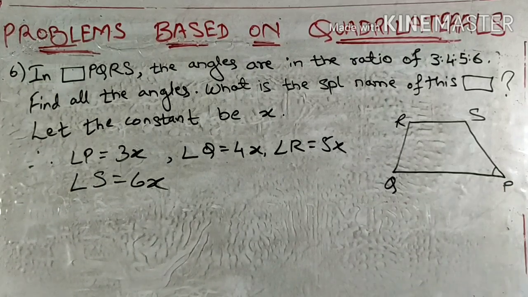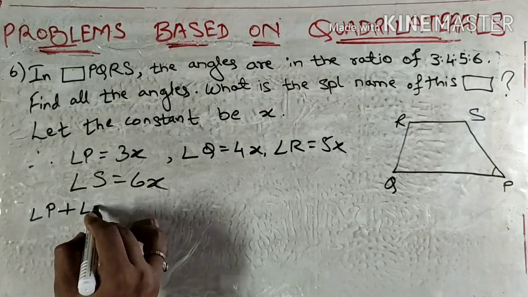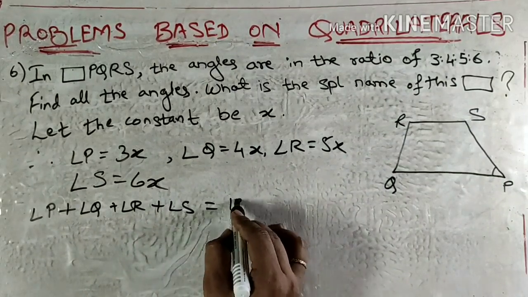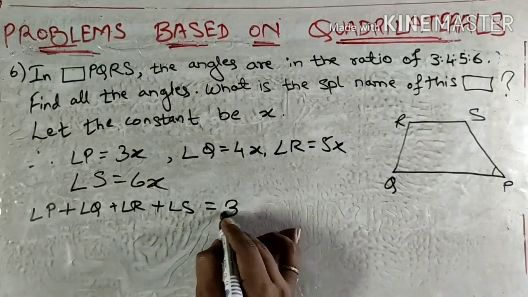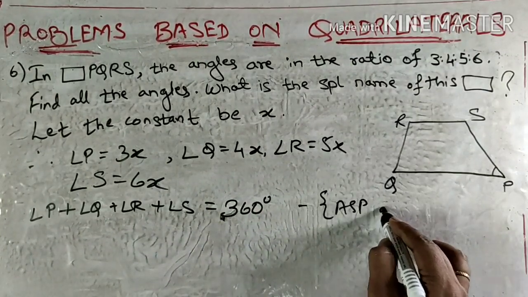We know the values of the angles in terms of unknown variables. So let's move to our superhero of the previous topic, the angle sum property of the quadrilateral. That's the only solution right now I can see. So angle sum property of quadrilateral states that angle P plus angle Q plus angle R plus angle S is equal to 360 degrees. You will write angle sum property of quadrilateral.